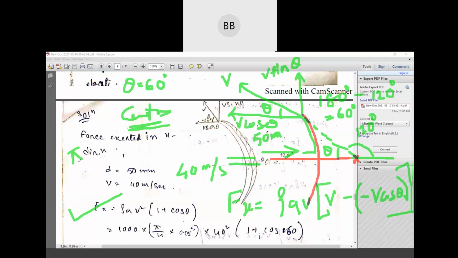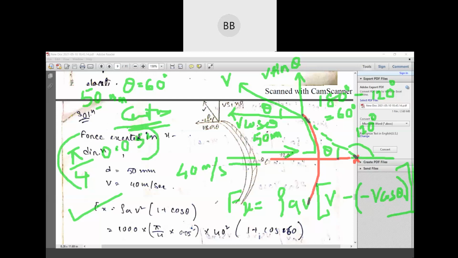Area is, as we know, the jet diameter is given 50 mm, so pi by 4 d square. 50 mm you have to convert into meter, always remember. As everything is in meter, you have to convert into meter. That is 0.05 square.